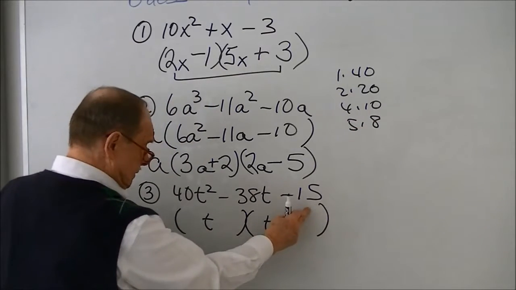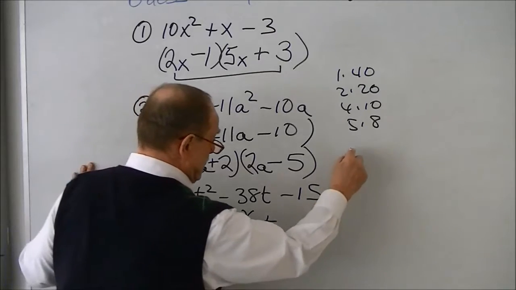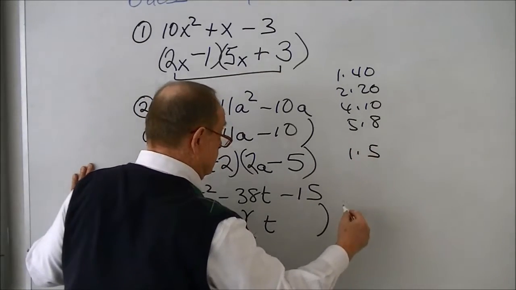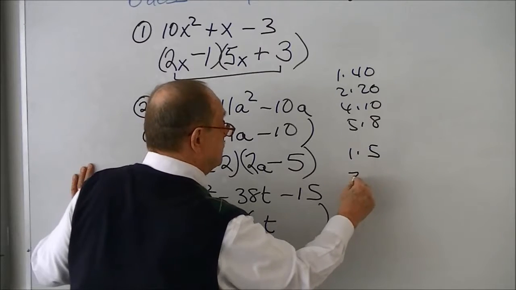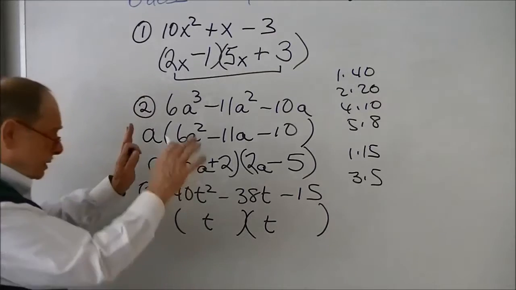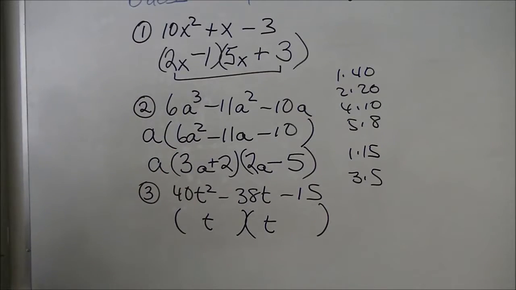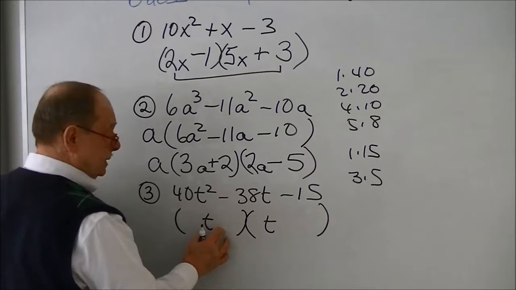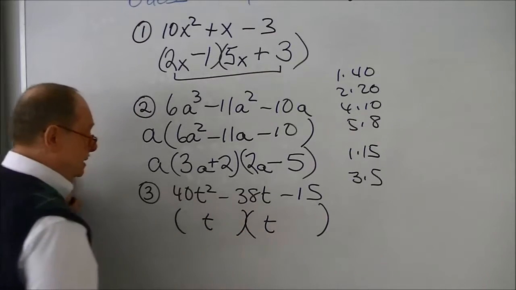And we have factors of 15. 1 times 15, and they could be reversed too. And then 3 times 5. We'll stick with those for now. Again, this is negative, so one of these signs will be negative, one will be positive.